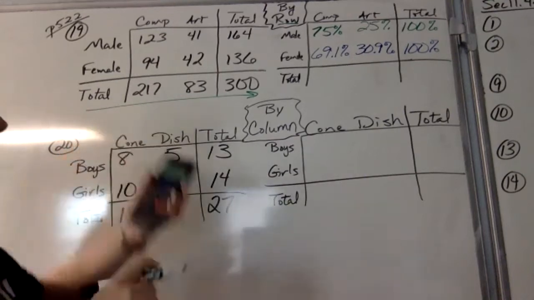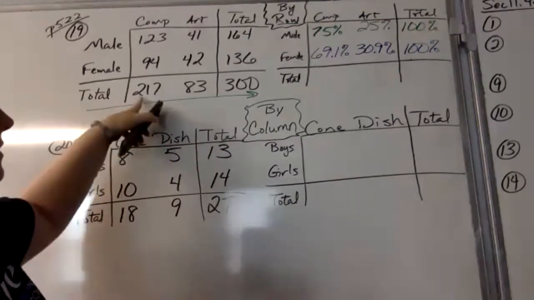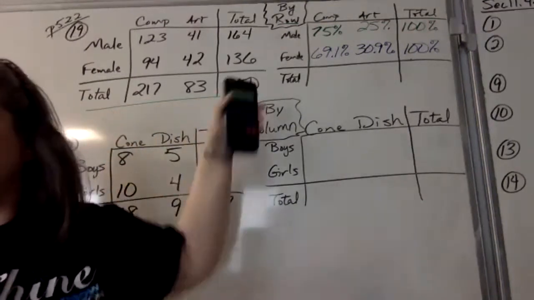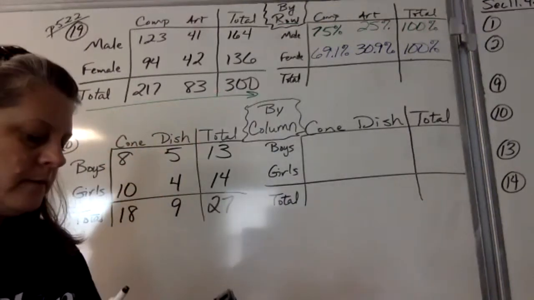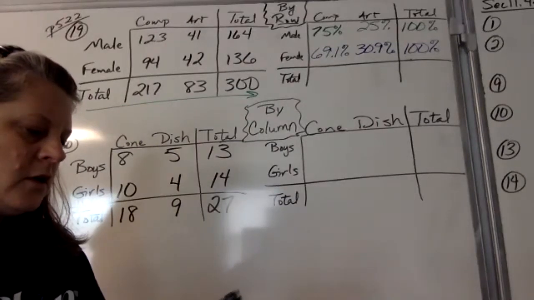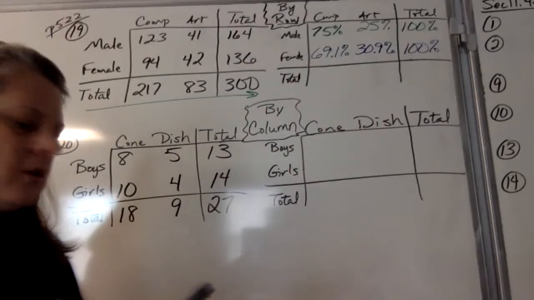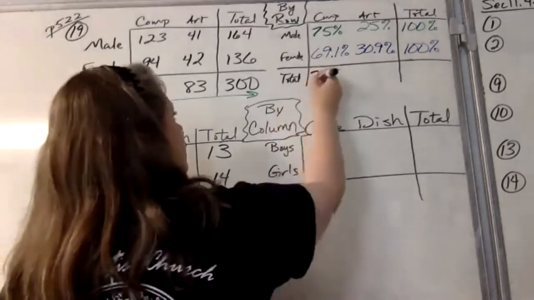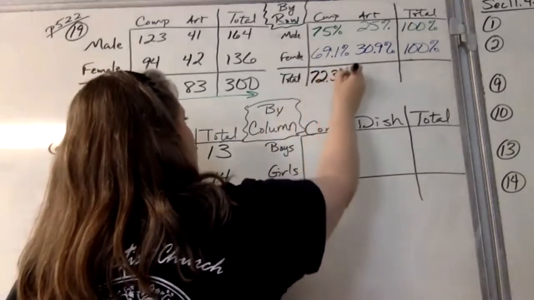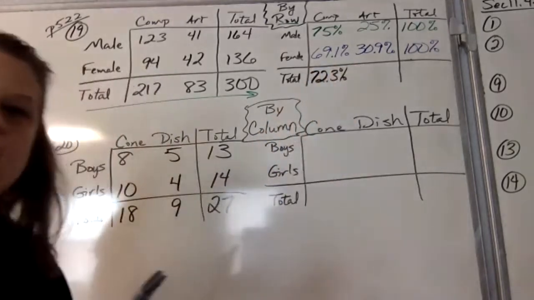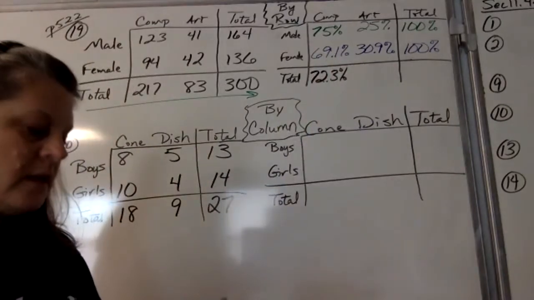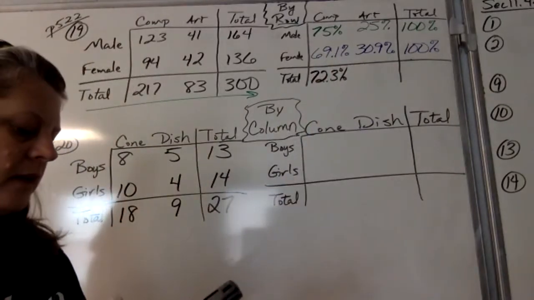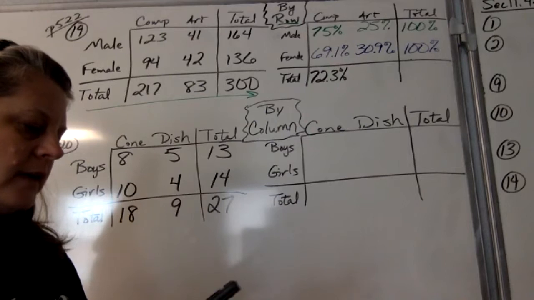So, for the totals, you do the same thing. You're going to take 217 divided by 300. You get your little decimal. That's 72.3%. And then I do 83 divided by 300.